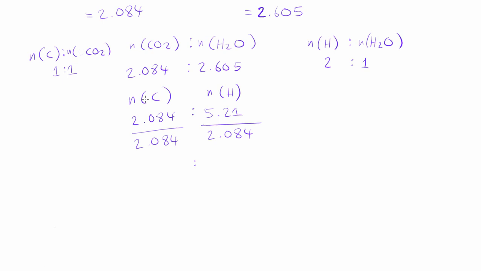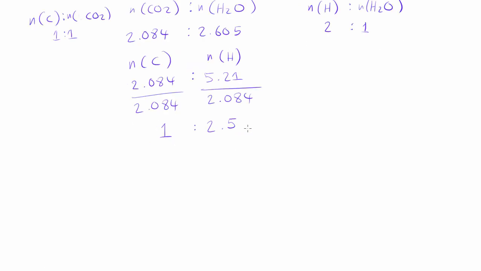If we divide 2.084 by itself, we get 1, right? With regards to this side, I would invite you to work out what that is on your calculator. If you do have a go at that, what you should get is 2.5. Okay. So do we have the simplest whole number ratio yet? Well, no, we don't, because this is not a whole number.